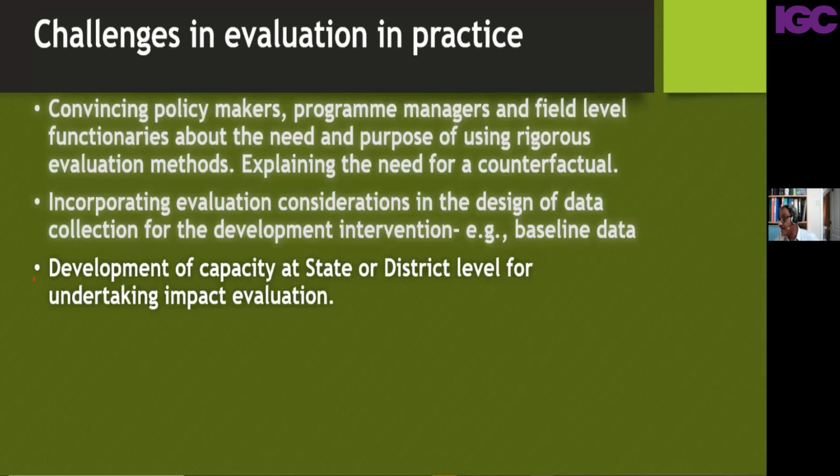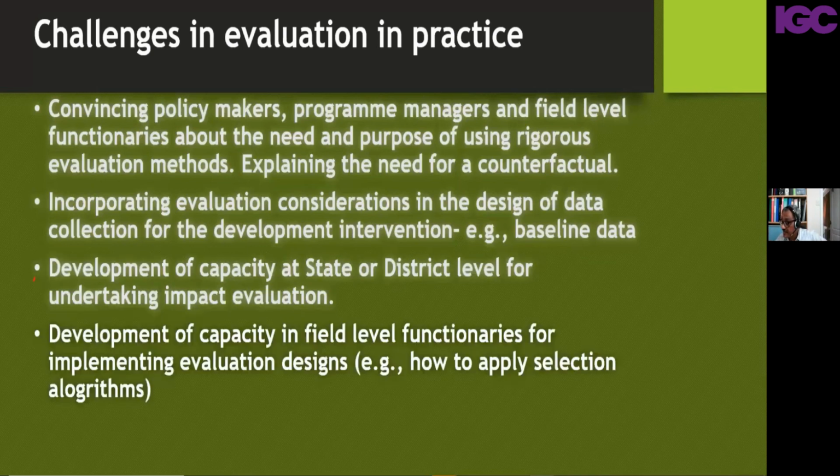And one area where it is particularly important is in implementing evaluation designs, particularly when you are applying selection algorithms. So for example, let us say you are extremely fortunate and your program manager or your policy maker has agreed for randomized selection, or to undertake a randomized control trial.